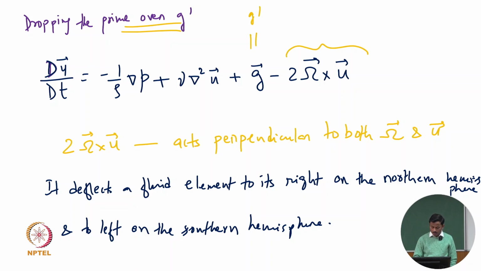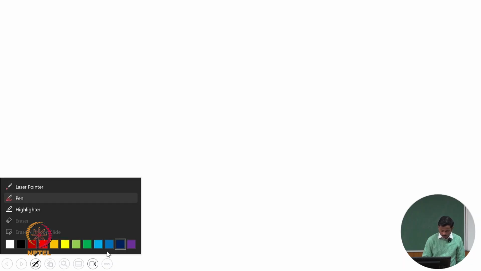The Coriolis term is called the Coriolis force. This is a fictitious force, so it is not something that actually exists, but it appears because the frame of reference is rotating, which is why it's called a fictitious force. Now, as I mentioned previously, we want to see the effect of the Coriolis term in a more simplified form.